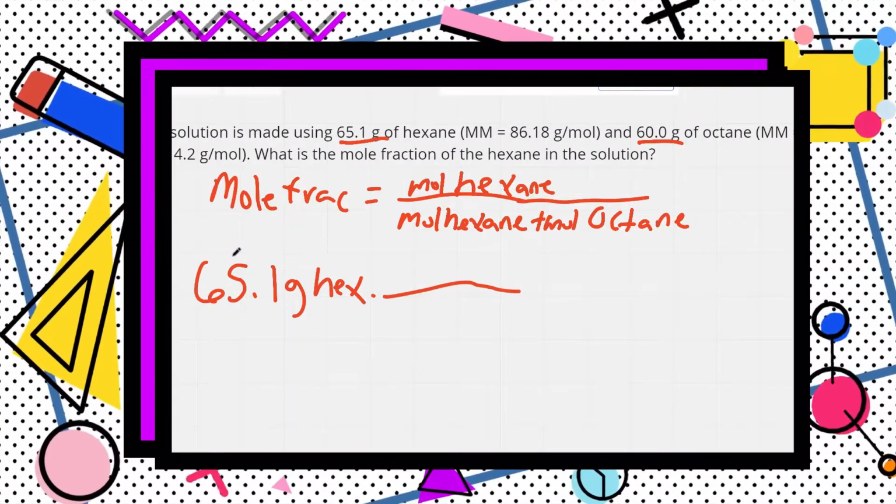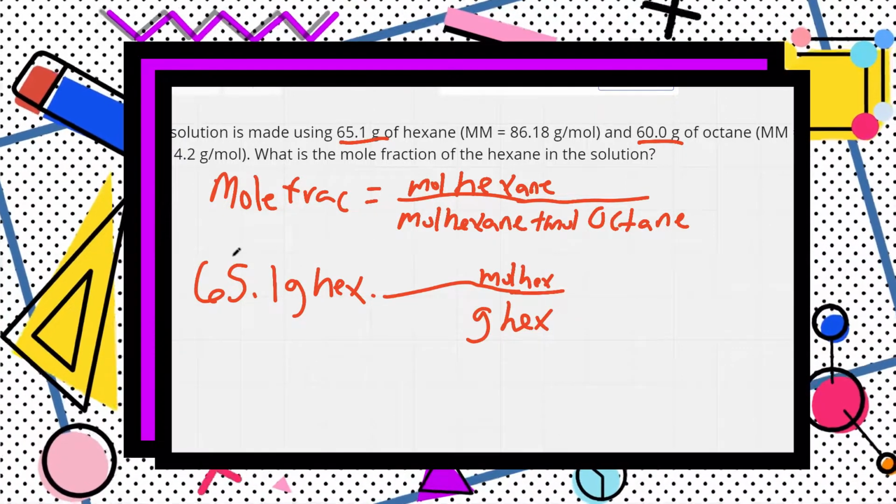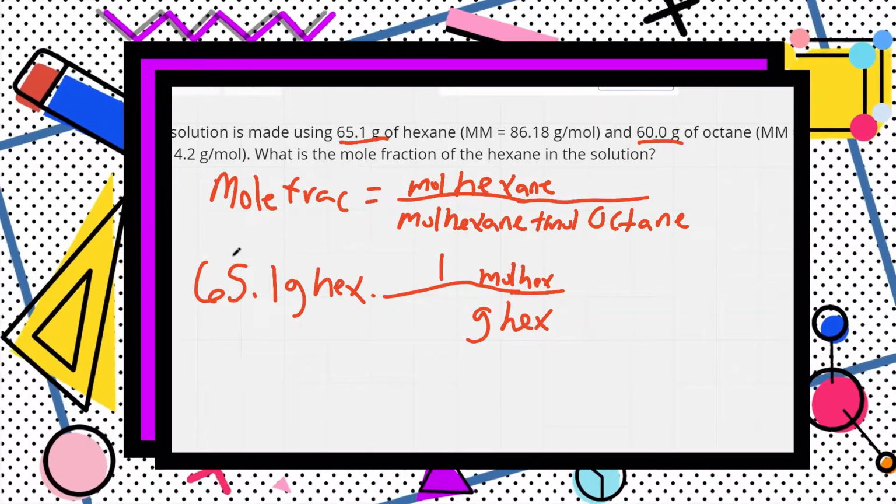we're converting here, doing standard dimensional analysis. So if you're converting grams to moles, we got to understand our units. Grams of hexane here, and then we know that we're converting to moles of hexane. So this is always going to be the same every time. 1 mole of hexane, and then it gives us our molar mass, which is 86.18 grams of hexane.